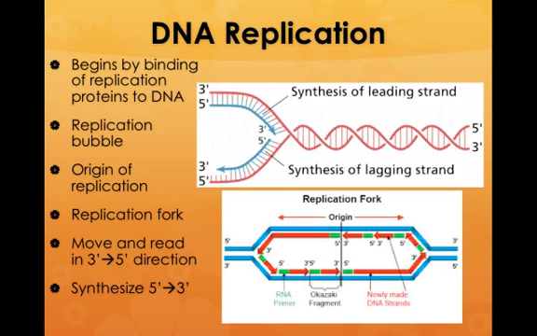So it starts off with helicase, which creates the replication bubble, which is this here, where we have now ripped the strands apart from one another. The enzymes are going to start somewhere called the origin of replication, and they're going to start moving and reading in the 5' direction on that strand.